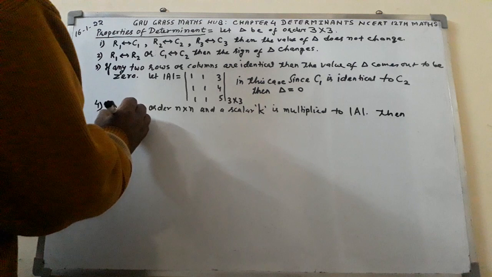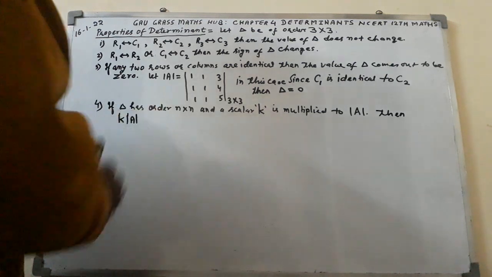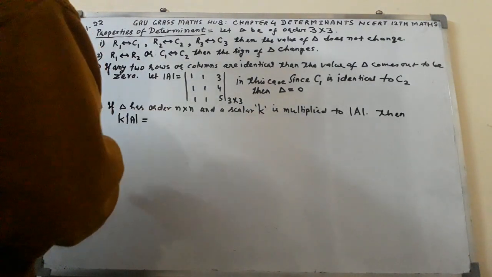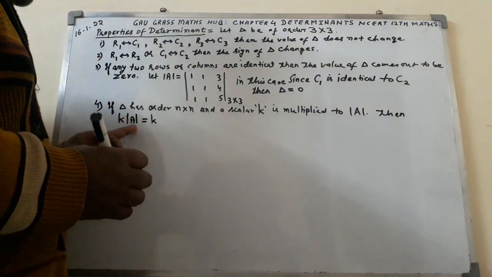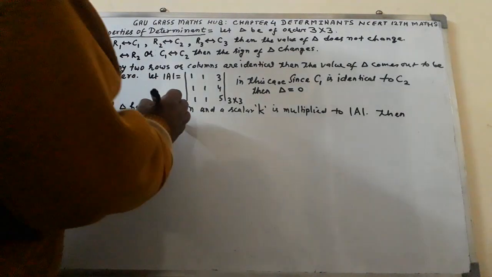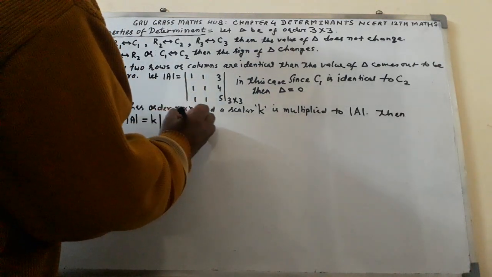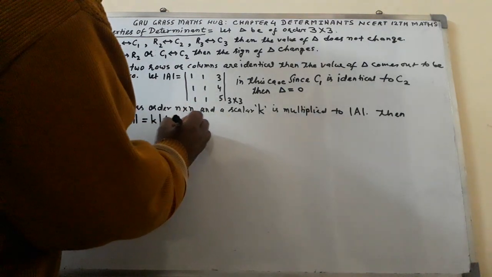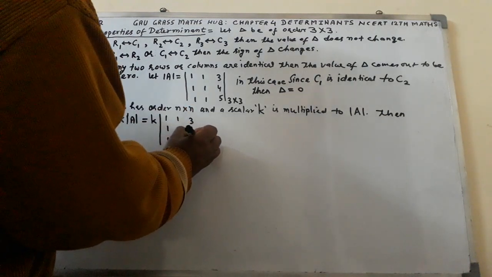Here the scalar k is multiplied to determinant A. What will happen? Let determinant A have the first row 1 1 3, the second row 1 1 4, and the third row 1 1 5.